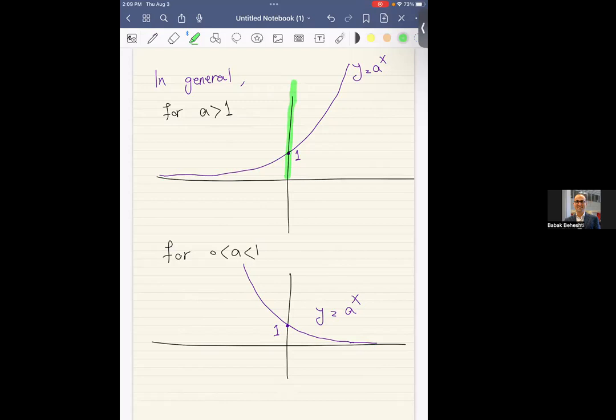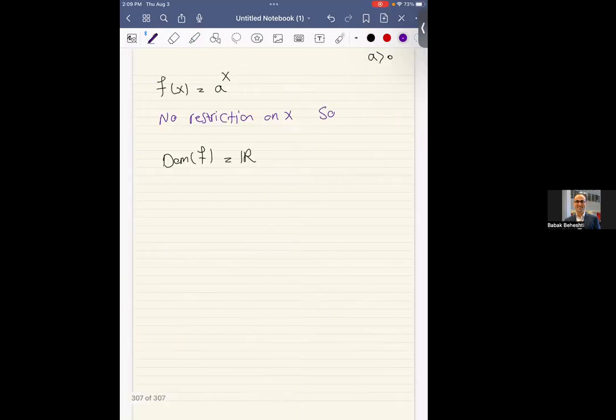So all y values are above the x-axis. So that means the range of a to the power x, the range of this function, the range of f is the set of positive.